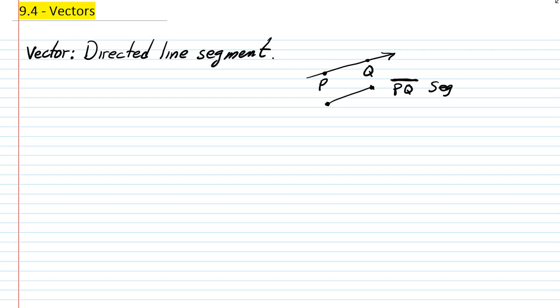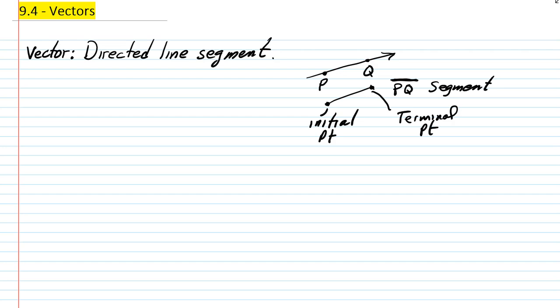This indicates that I have a portion or a segment of a line. Now P here, we're going to call the initial point, and Q here is going to be the terminal point.